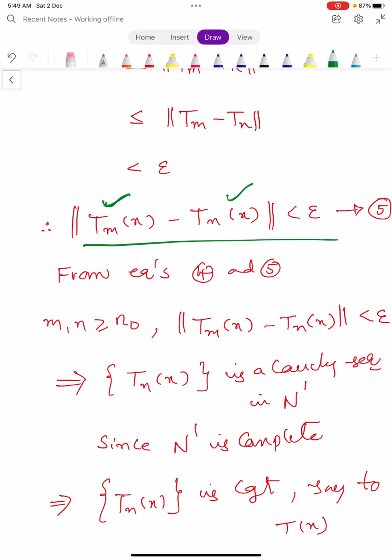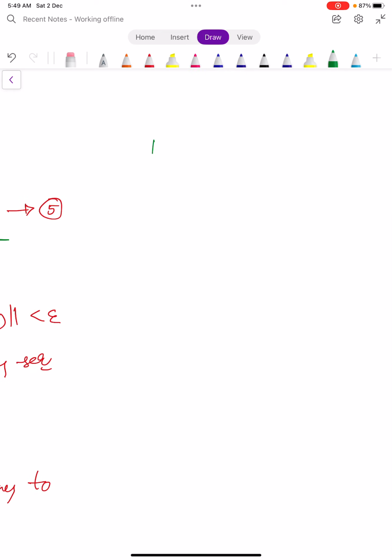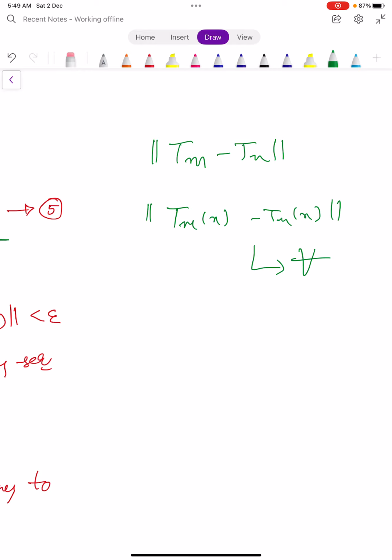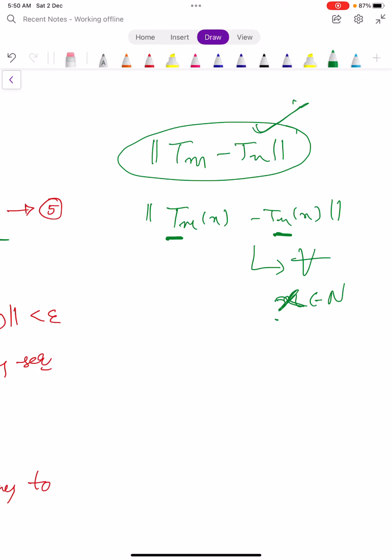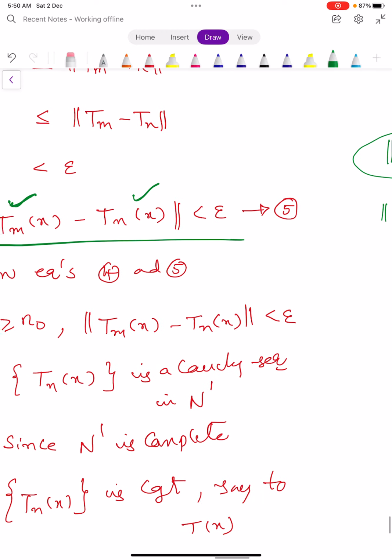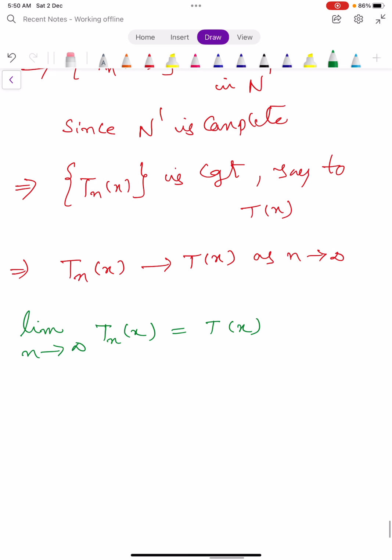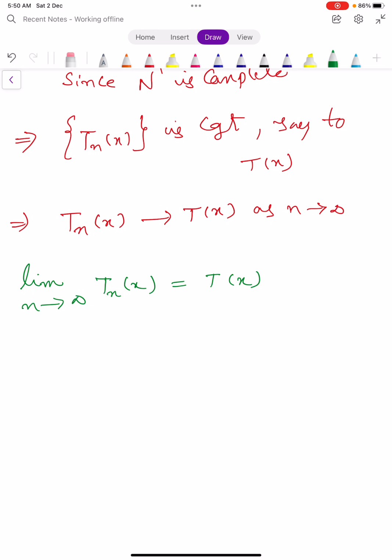In 4 we write only Tm minus Tn, and in 5 we write Tm of x minus Tn of x. The second condition is true for all x belonging to capital N. In equation 4 we speak just of the linear transformations, but here it holds for every x belonging to capital N. That is the difference between equation 4 and equation 5. Please remember that. Now we have a Cauchy sequence which converges to T of x.